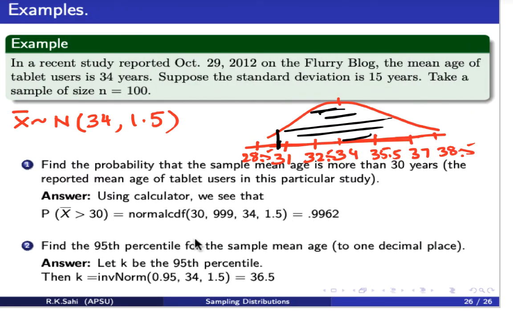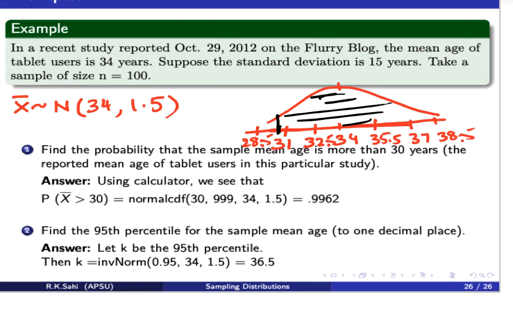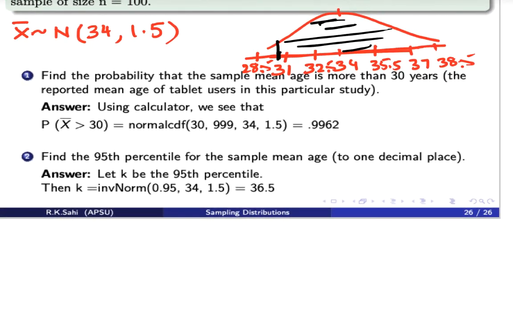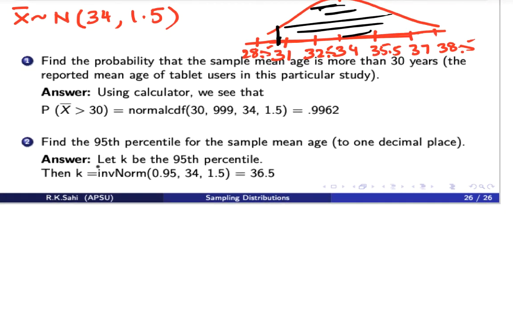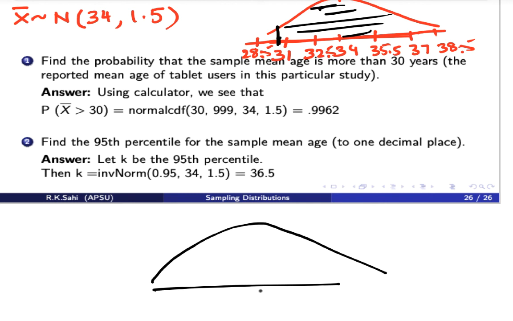Okay, here's the next question. Find the 95th percentile for the sample mean age to 1 decimal place. Now what does that mean? Let's look deeper here. It means what is the value of the mean age of the tablet user if 95% is less than that. So this one is 34, okay?